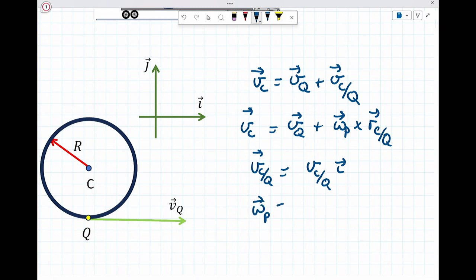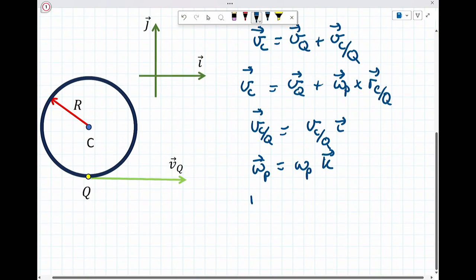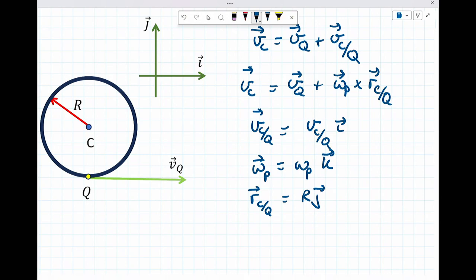As usual, omega is going to be in the K direction, omega pk. So RC with respect to Q, again, it's positive because of the way I've defined my coordinate system. It's up, and it's R of the pipe.